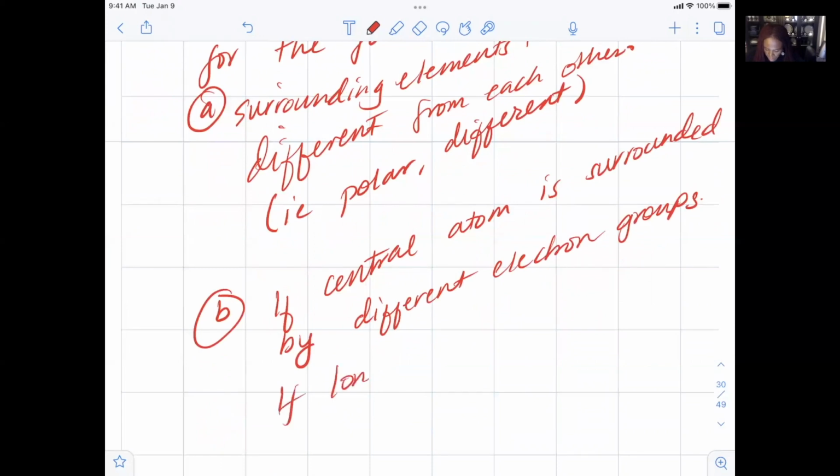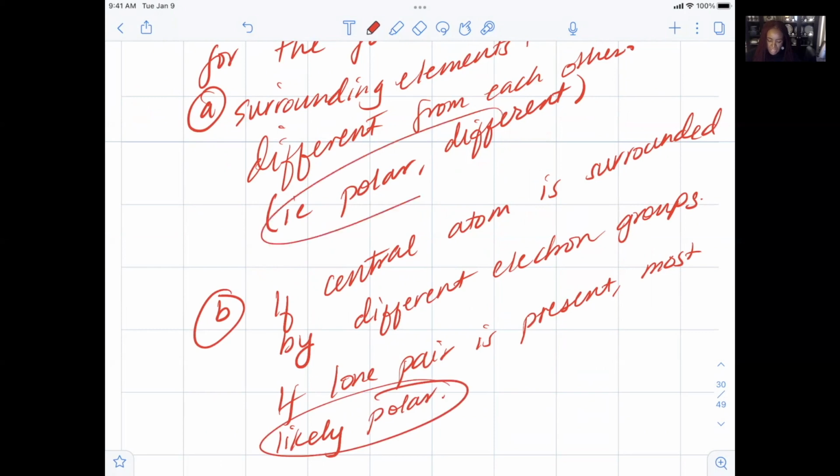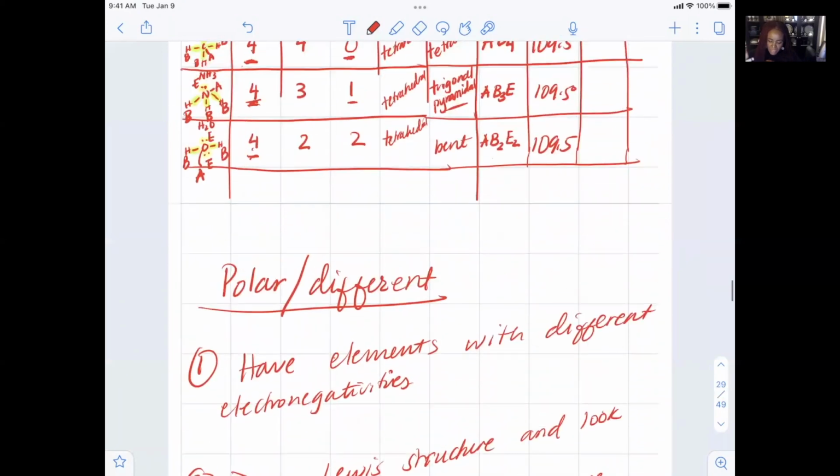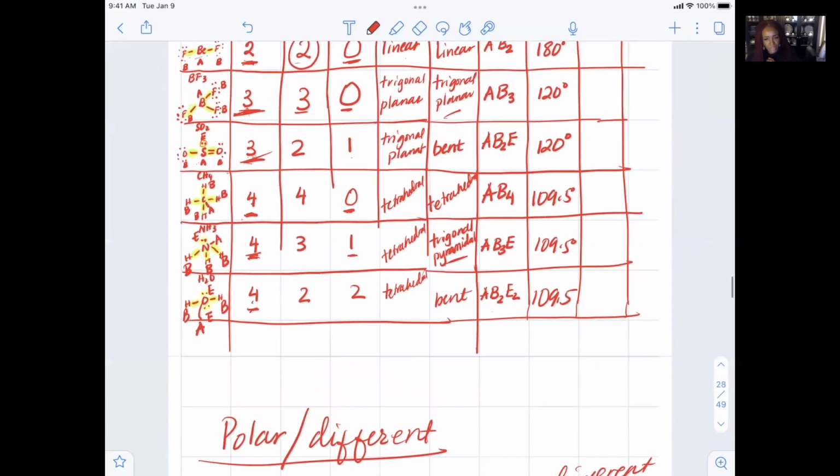If a lone pair is present, most likely polar. Okay, so 2 things we're looking at. If the surrounding elements are different from each other, you have a polar molecule. If the central atom has lone pairs on it, we have a polar molecule.